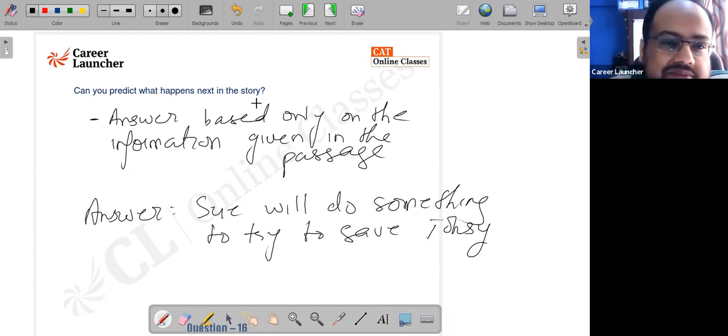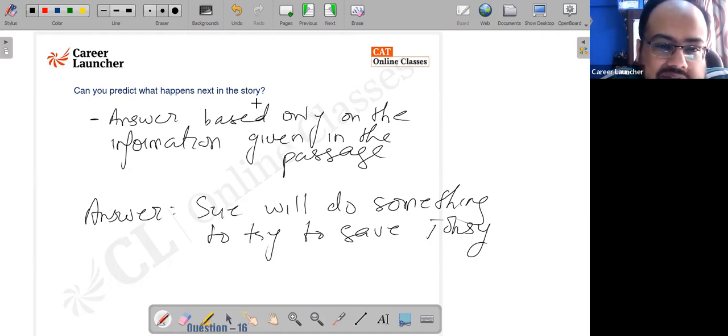So, for example, I'm just taking a hypothetical example. Even if there is a passage which is based on the concept that Antarctica is a very warm place and the temperatures are very high. If that is what the passage says, then that is how you answer the questions. Why?